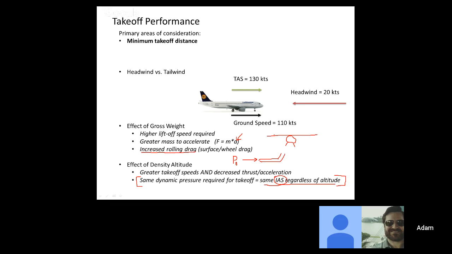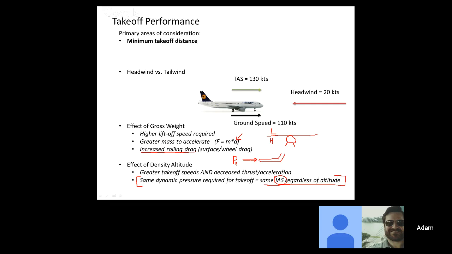Because your wings, based on Bernoulli's principle, which Chris and I just reviewed this week, require a certain amount of pressure to lift the aircraft off the ground. If you remember, you've got an area of high pressure below the wing and an area of low pressure above, right? And the pressure required to lift the aircraft off the ground does not change. That same pressure is entering the pitot tube.